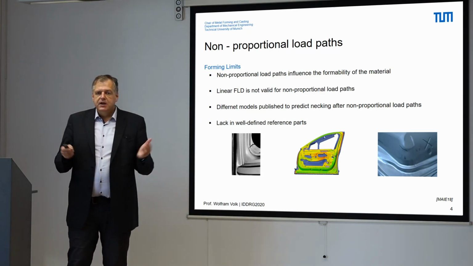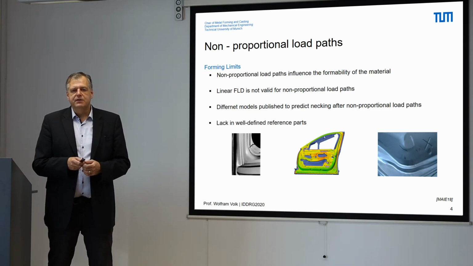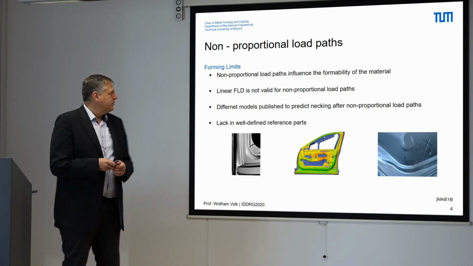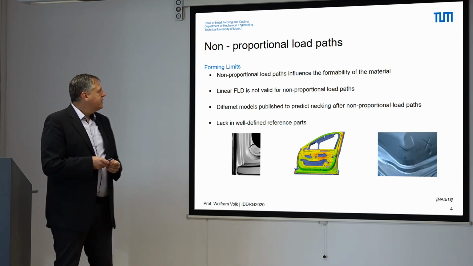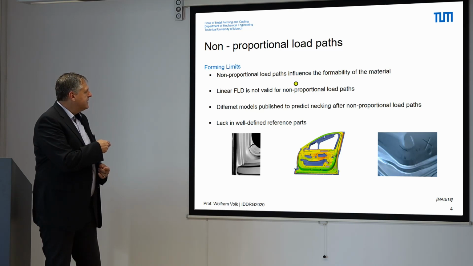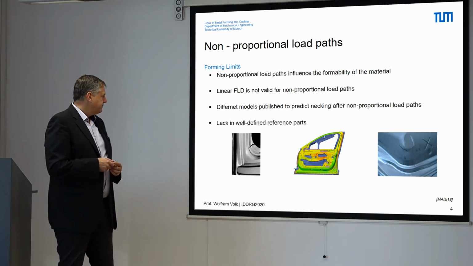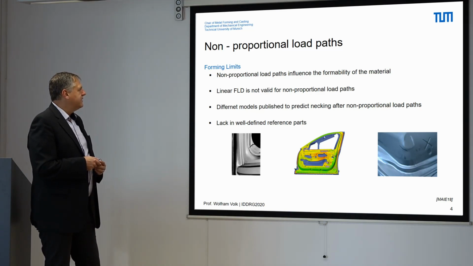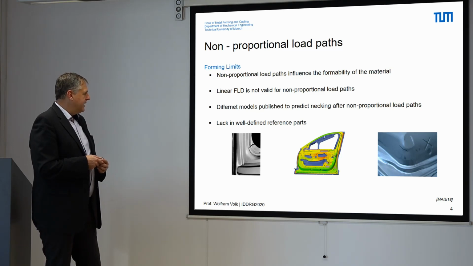As we all know, forming limit prediction is one of the major tasks in simulation of sheet metal forming processes. In addition to proportional loading, non-proportional load path also influences the formability of the material significantly. We know that the linear FLD is, especially for non-proportional load path, not valid.